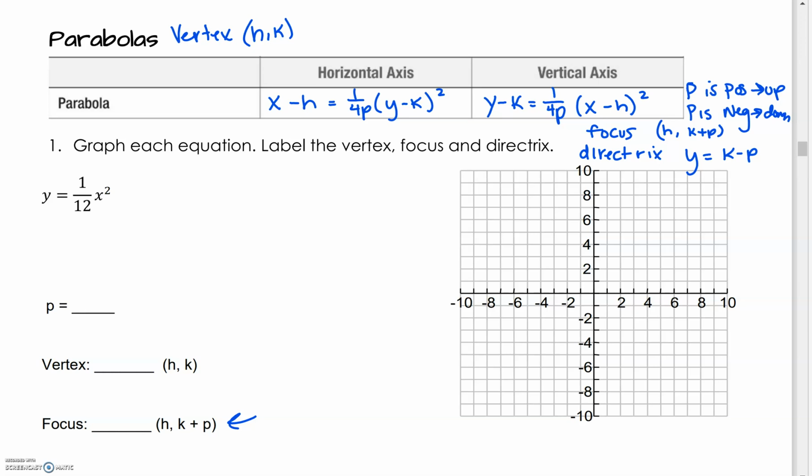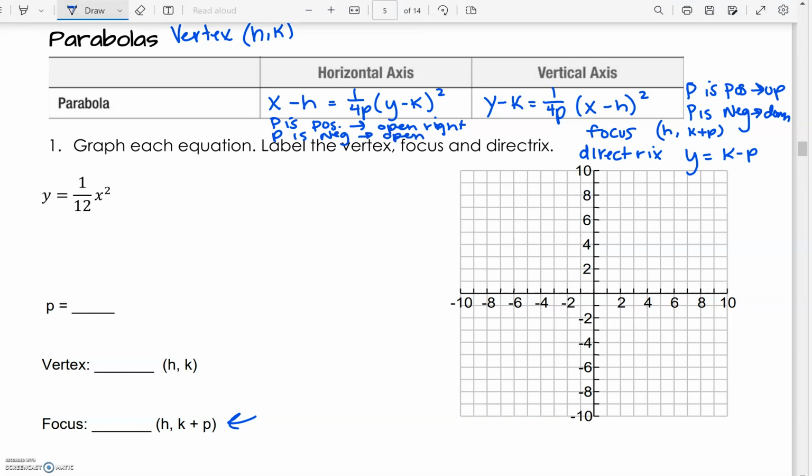So again, if our p is positive, since we're horizontal, it's going to open towards the right. And if p is negative, it's going to open to the left.